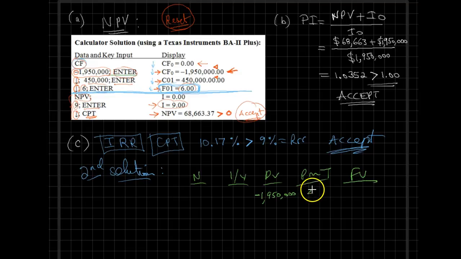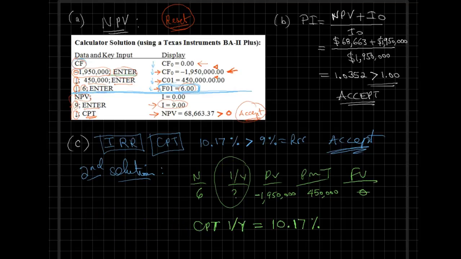Those payments are $450,000 each, and then there will be no future balance on the project, as it has no salvage value. The project will last for 6 years, and we are supposed to compute the I/Y. Sure enough, computing this value, we get the same result, 10.17%, as we got previously. So the two solutions are equivalent.